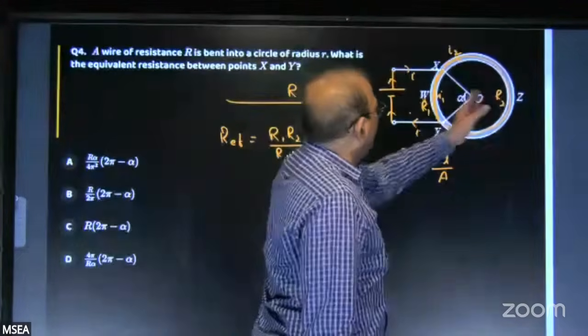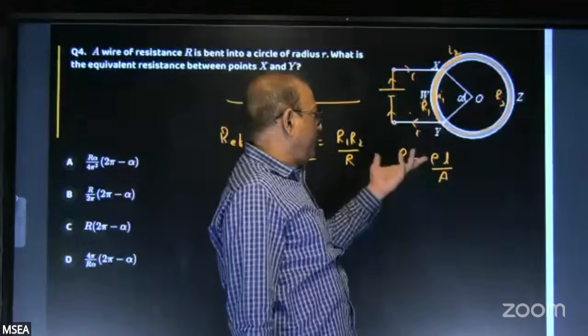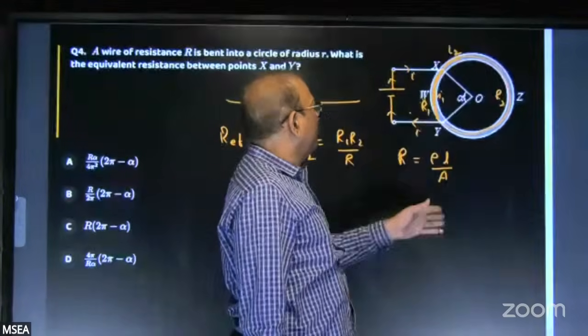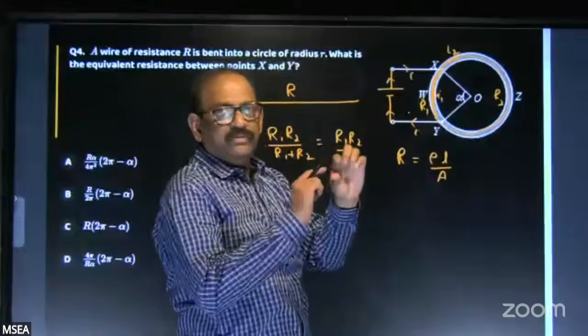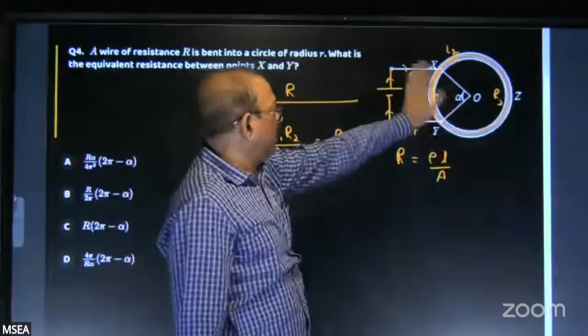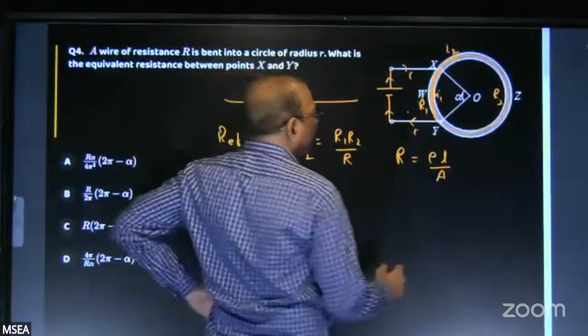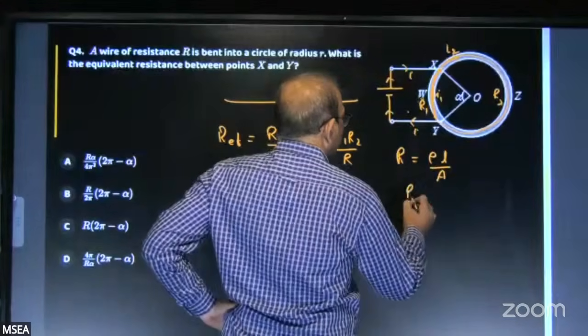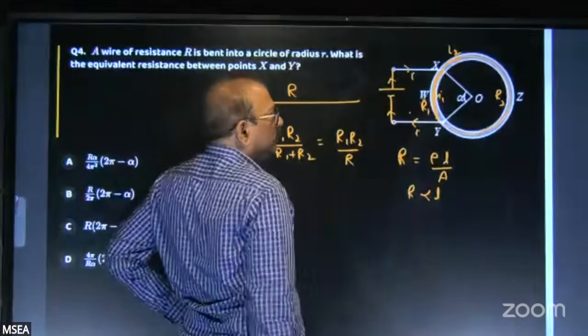These two segments are made of the same material, so rho is the same, no? Area of cross section is also the same for both. Not the circle area, that wide area of cross section. So resistance is proportional to the length of these segments.